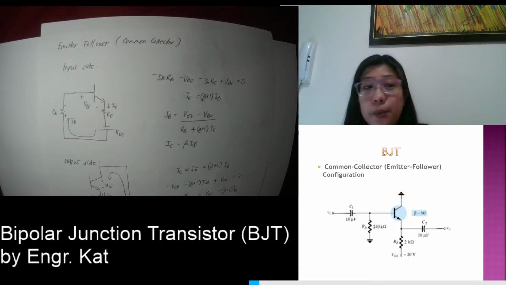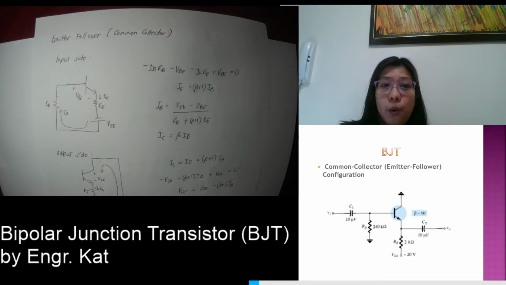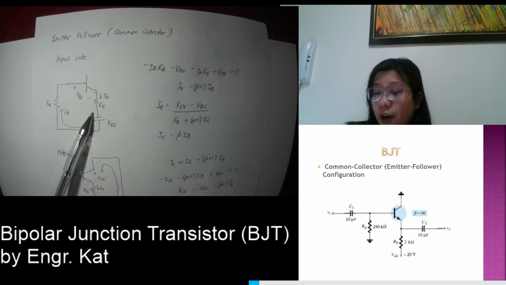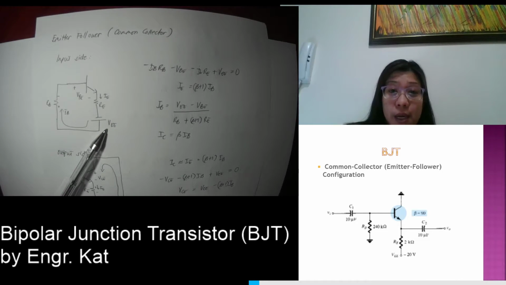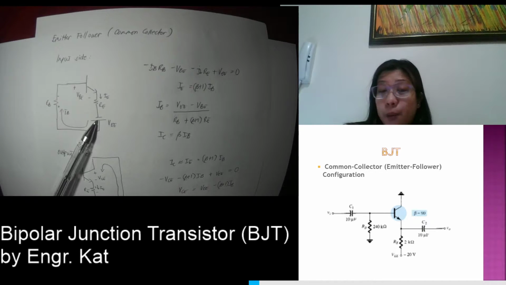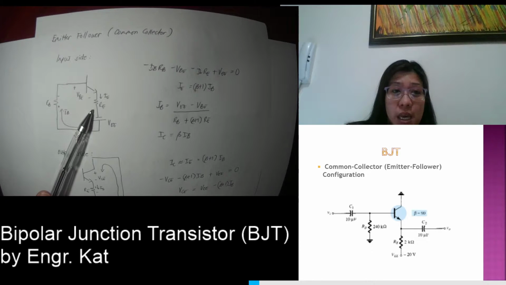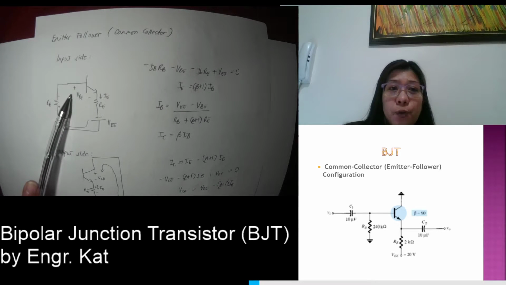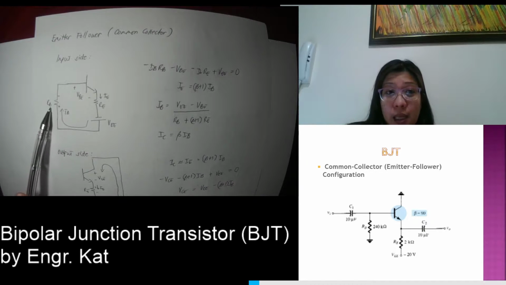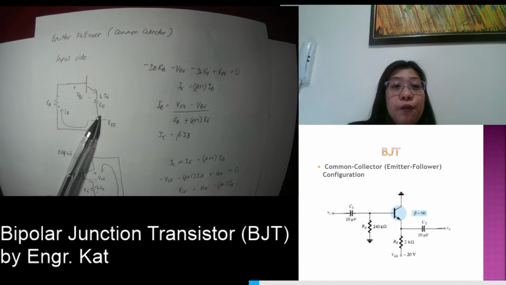At the input side, we have your resistor RE, and we have your VEE here, again negative VEE, so the negative terminal is the one connected across your RE. We still have your VBE here, the current flowing across your RB is your IB, and the current flowing across your RE is your IE.